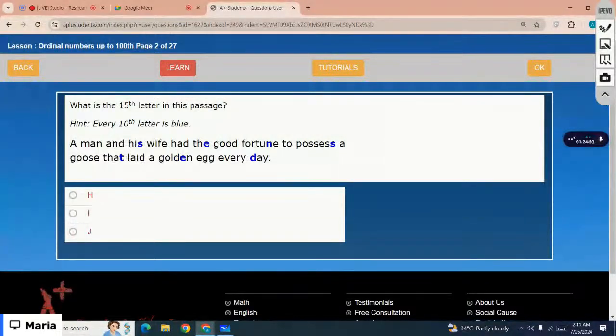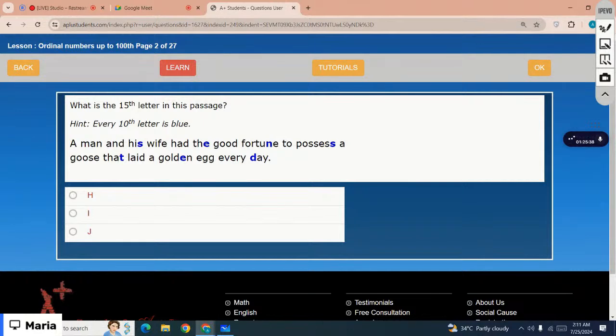Okay, the next one is: what is the 15th letter in the passage? So which is the correct option? You have to find the 15th letter, right?